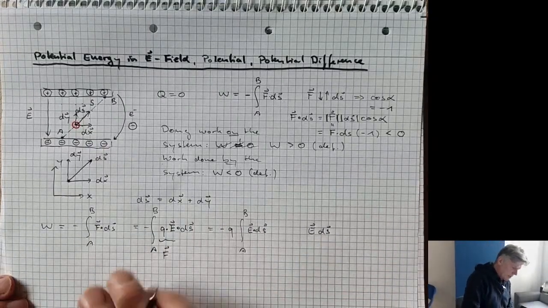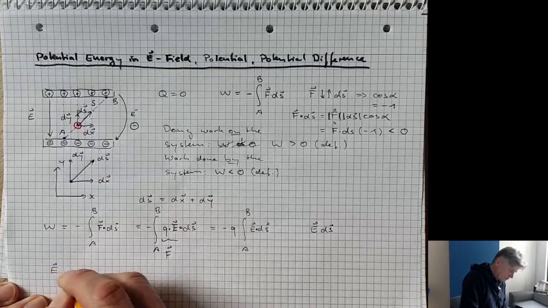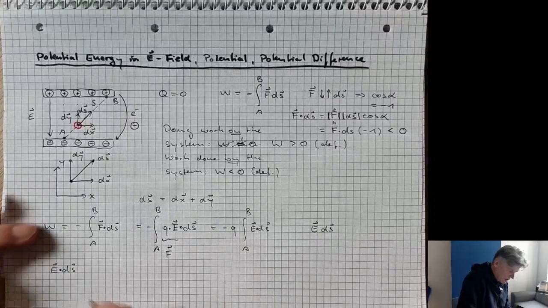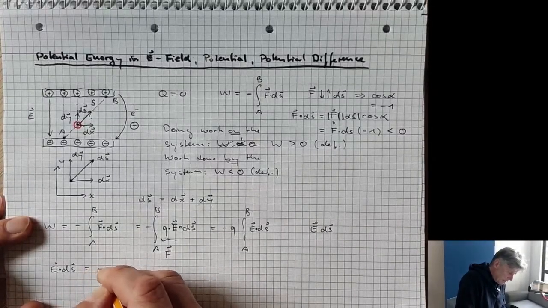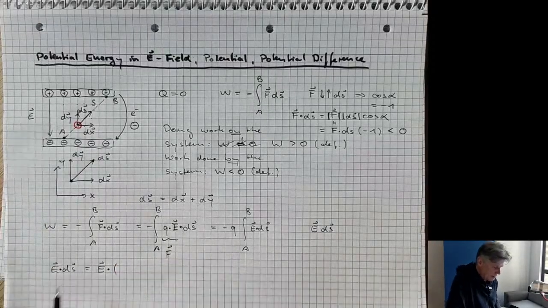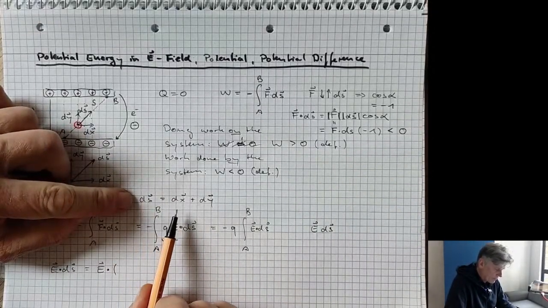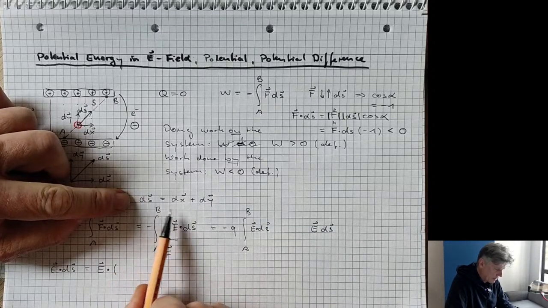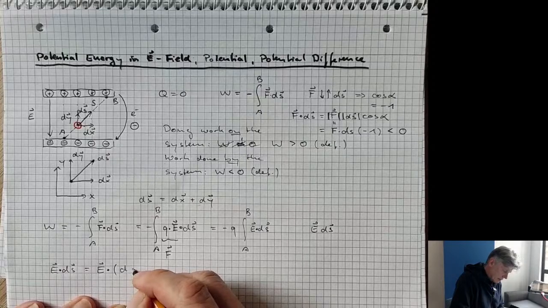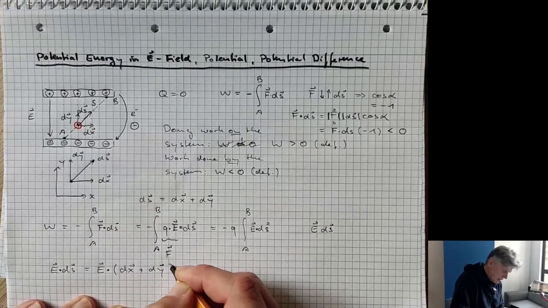So now let's talk about E ds. E dot ds, in fact. So that's the electric field, and we are now dissecting this vector into two vector components, dx plus dy, right?